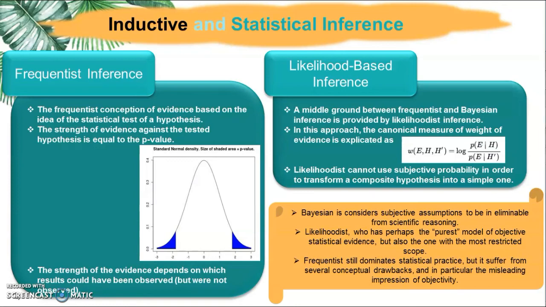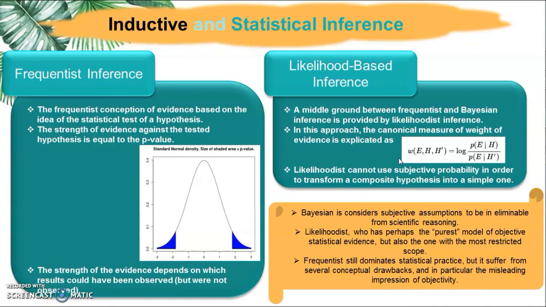And the last point is likelihood-based inference. A middle ground between frequentist and Bayesian inference is provided by likelihood-based inference. In this approach, the canonical measure of weight of evidence is explicated by this formula.